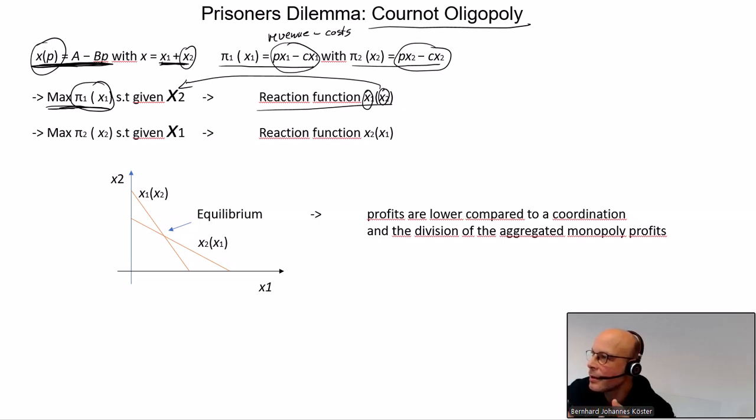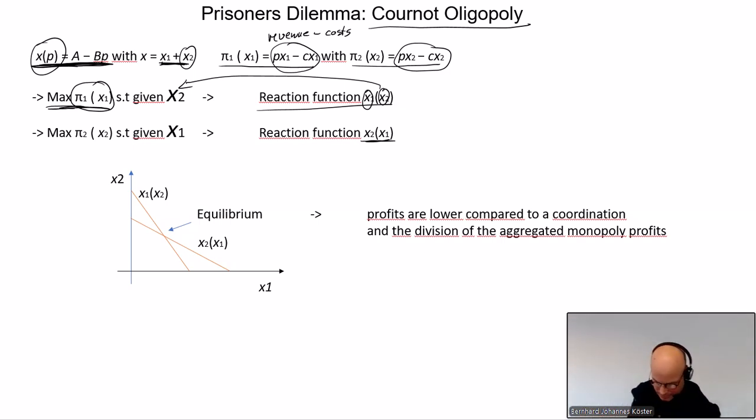And here you say, well, I have a symmetric problem that the other competitor is doing the same. He is also calculating his reaction depending on the other enterprise, so x2 of x1.